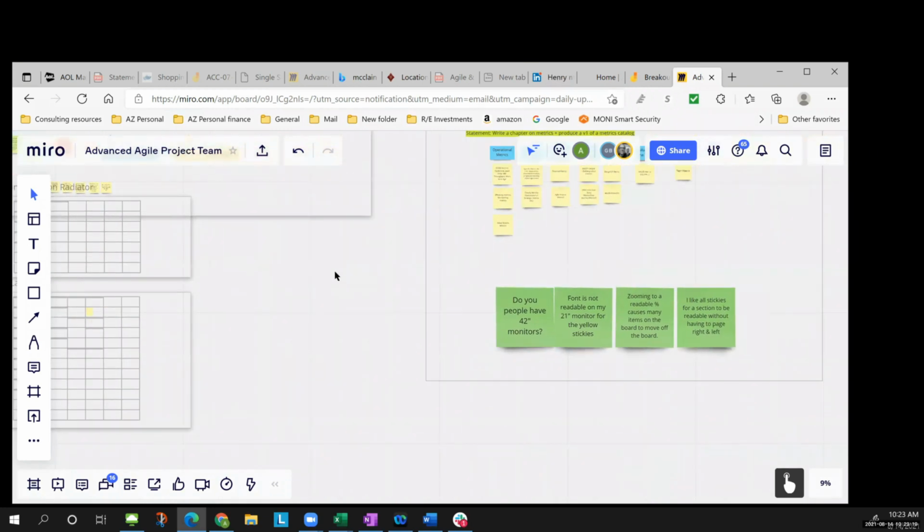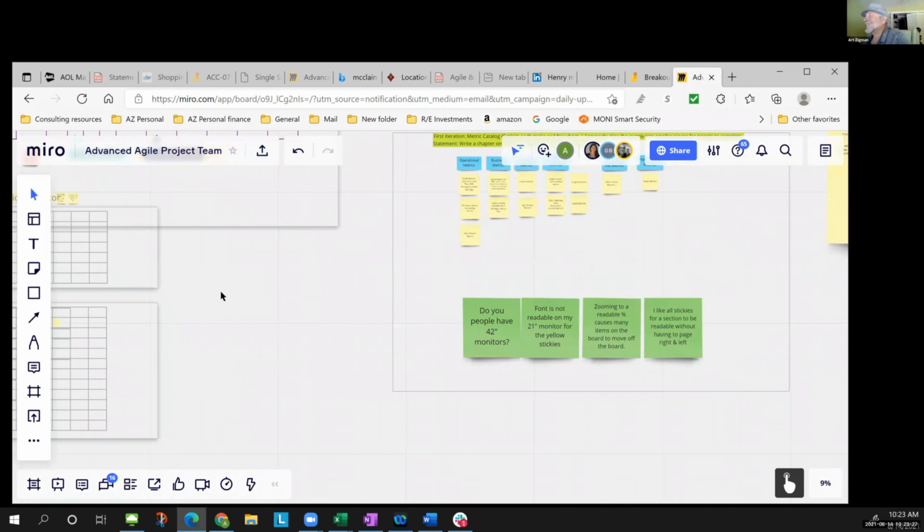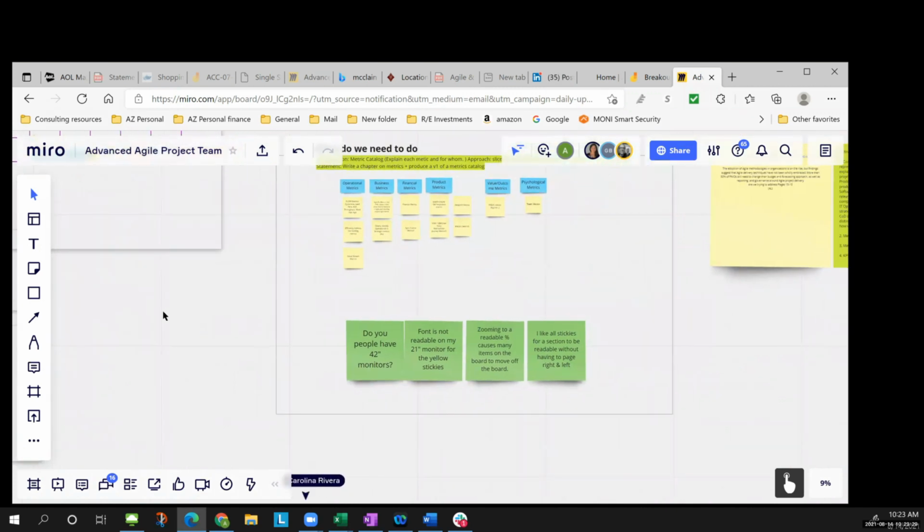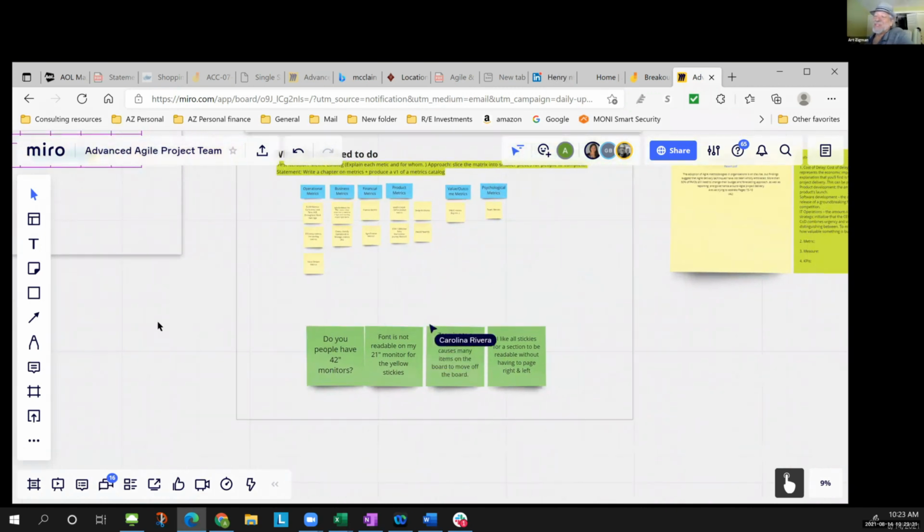I like that sticky that says the font is not readable on my 20-inch monitor. It was interesting with Miro.